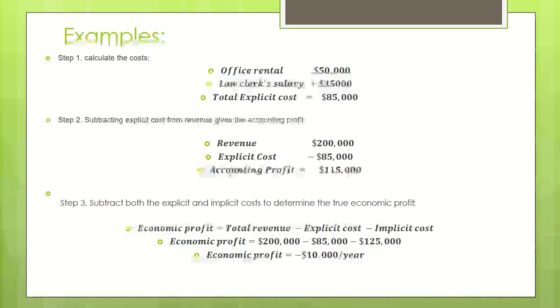So total revenue is $200,000 minus explicit cost, that is $85,000, and implicit cost, that is $125,000. So calculating all these values, the economic profit is -$10,000 per year, that is economic profit.